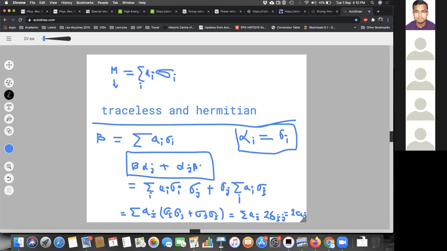It will only satisfy if all the coefficients are 0. Otherwise, it's not possible. That means there exists no 4th solution consistent with the anti-commutation relation. That's the conclusion. I cannot find 4 traceless Hermitian matrices which all satisfy it among themselves.